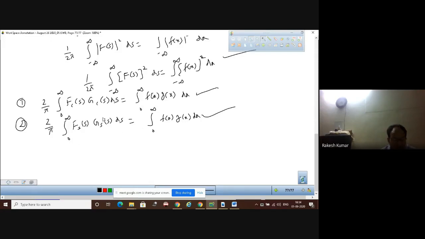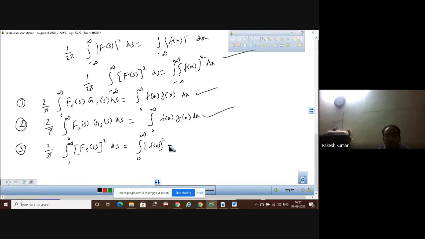Now in number three, that is 2 upon pi, integral from 0 to infinity, the result can be written like this also, as we have proved in part 2, equal to the integral from 0 to infinity of f of x squared dx.